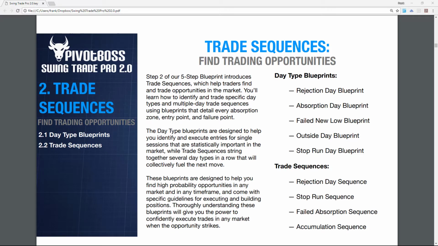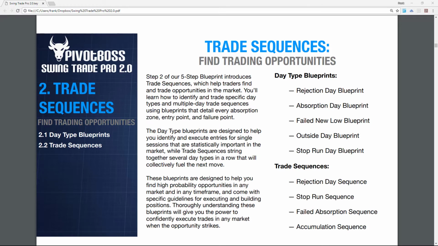Step 2 of our 5-step blueprint introduces trade sequences, which help traders find and trade opportunities in the market. You'll learn how to identify and trade specific day types and multiple day trade sequences using blueprints that detail every absorption zone, every entry point, and every failure point. The day type blueprints are designed to help you identify and execute entries for single sessions that are statistically important in the market, while trade sequences string together several day types in a row that will collectively fuel the next move.